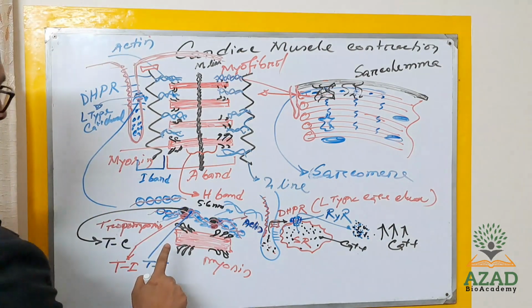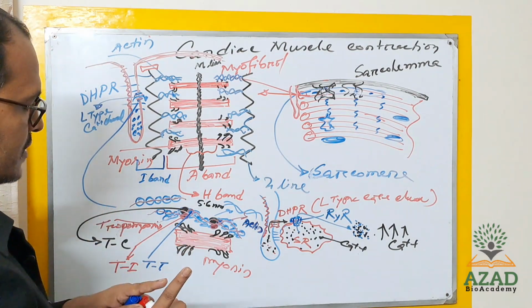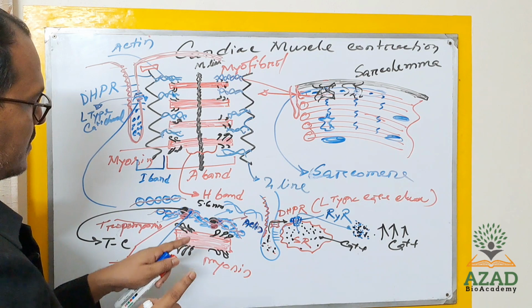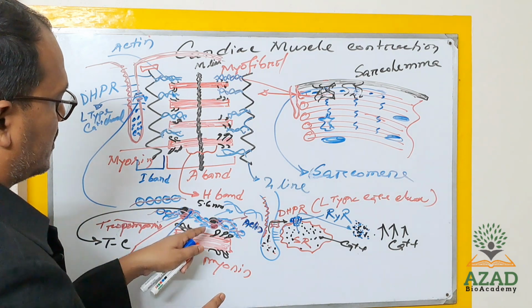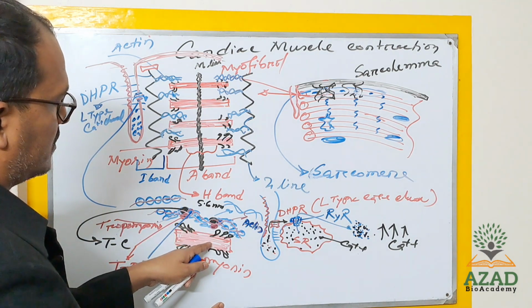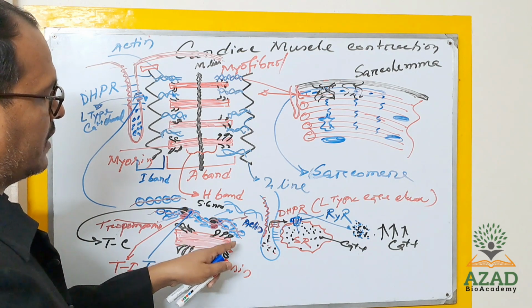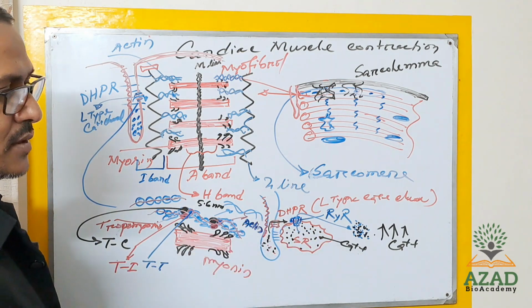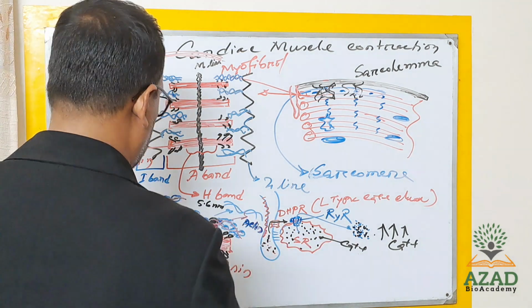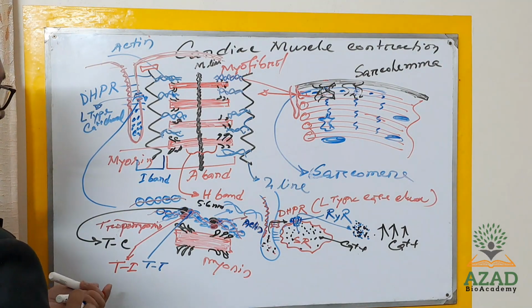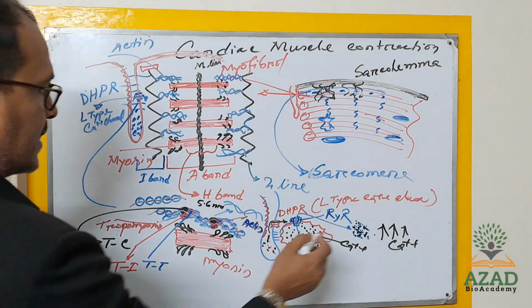Our main target is to make actin bind with myosin, making an actin-myosin complex, then contraction. So how does that come about?